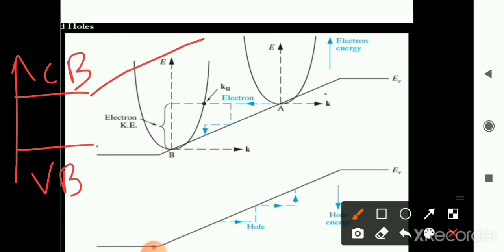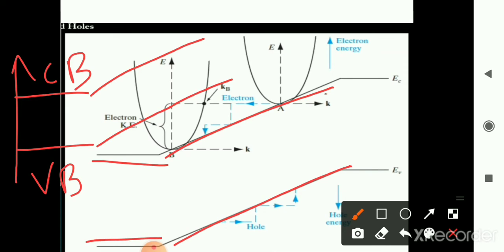That is why the tilts are shown here after applying an electric force to a semiconductor. Before it was like this; after application of a force, this is our valence band and this is our conduction band.